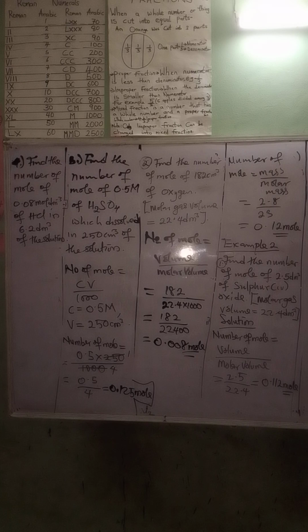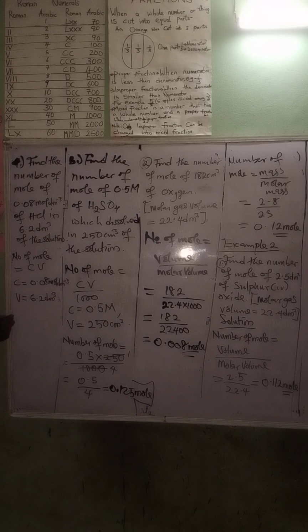Now, you will see that the volume will be given to you in dm3, unlike here where the volume is in cm3. So if the volume is in dm3, your formula is number of mole is equal to CV. No need for over 1000. Our C is any number that carries mole per dm3. So we have 0.08 mole per dm3, while our V is 6.2 dm3.